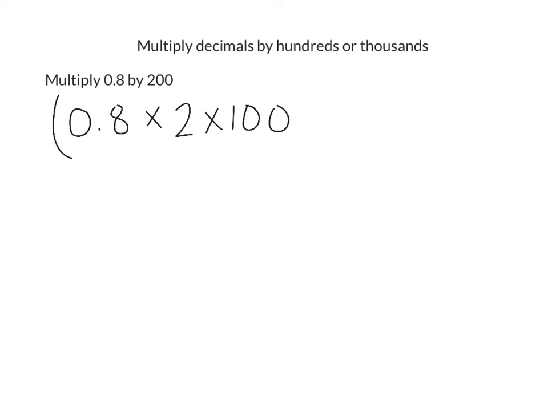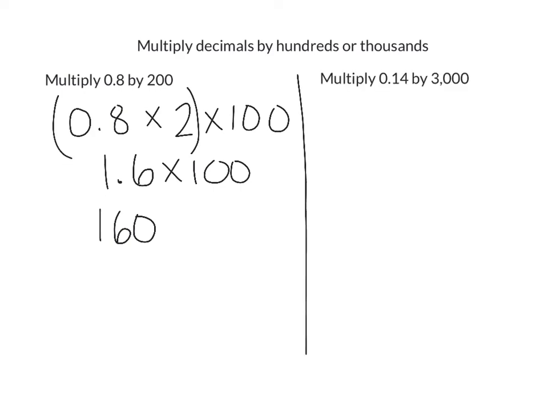We're going to group together the 8 tenths times 2, which would equal 1 and 6 tenths, and then we multiply that by 100. When we multiply 1 and 6 tenths times 100, we're going to move the decimal point 2 places to the right, so it becomes 160.